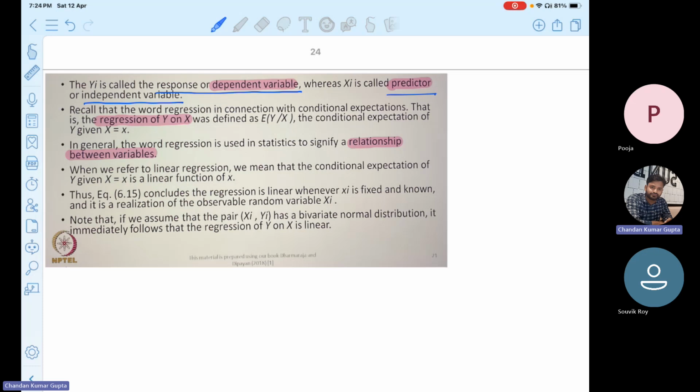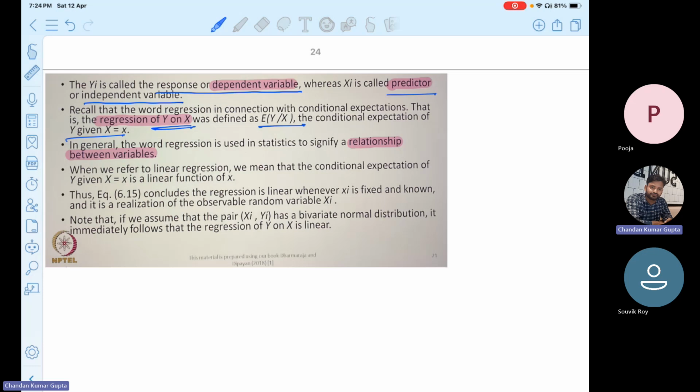Also recall the word regression in connection with the conditional expectation: the regression of y on x is defined there, where x is given, so it is the expected value of y given x, that is, the conditional expectation of y given x equal to small x.